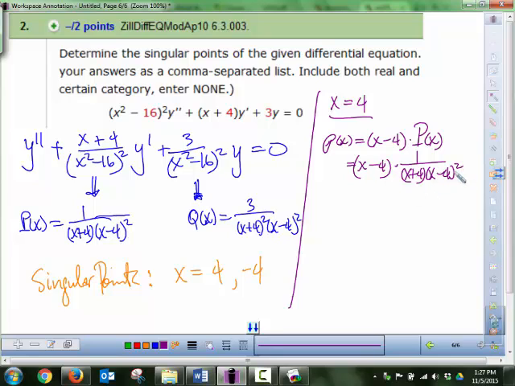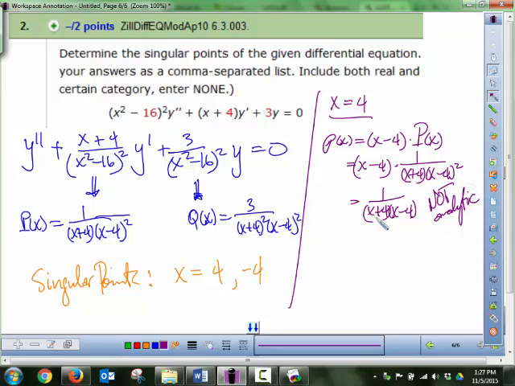If I cancel out one of the x minus 4s, I'm still going to have an x minus 4 left. So this is still not analytic, because when you put 4 into this function, it's still not going to be defined. So this is not analytic. We can quit here and not worry about the q.